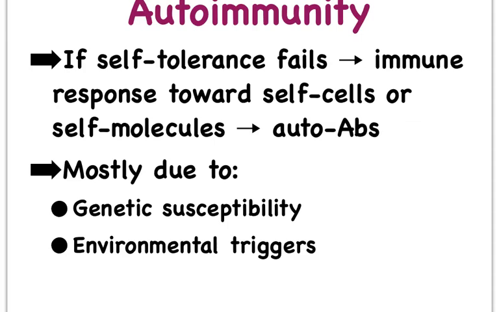So we build autoantibodies. Often this is due to a genetic condition, or it is thought that the environment can trigger various autoimmune diseases as well. Autoimmune diseases in general are very poorly understood, which is also why it can be difficult to treat them.